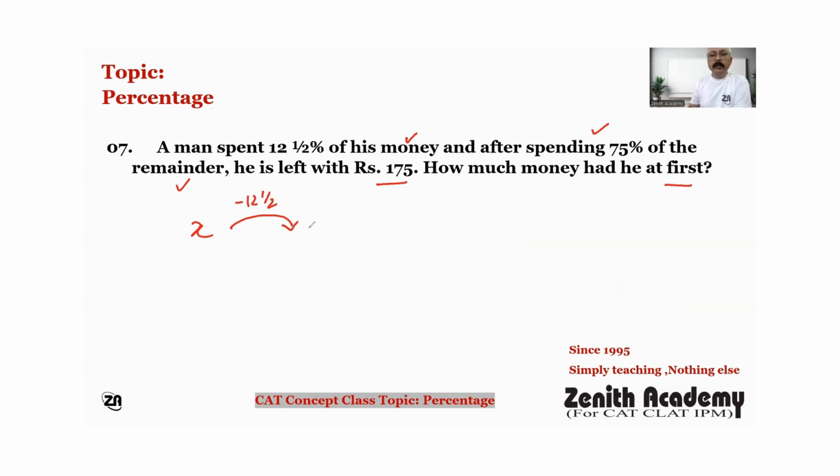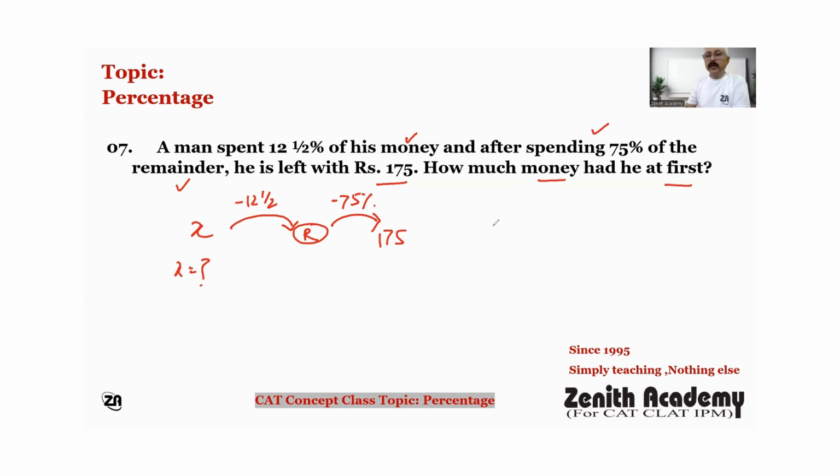This is the remainder. Okay, and after spending 75% of the remainder, suppose the remainder is R, 75% is spent. He is left with rupees 175. So how much money had he at first, which X is to be found out.